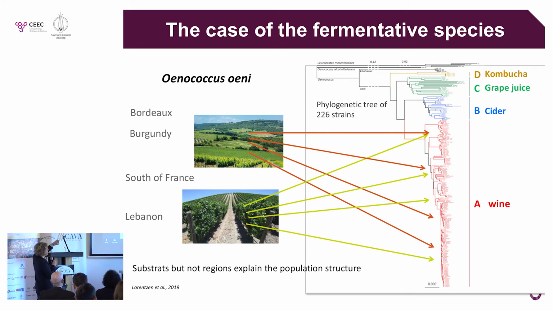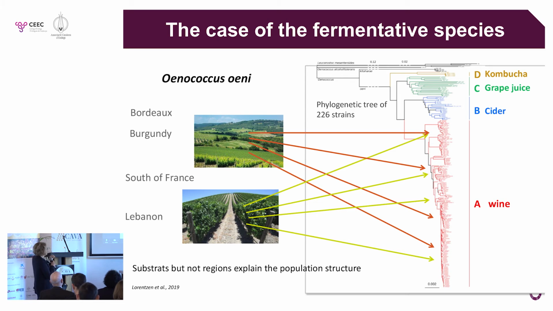This is a kind of representation that highlights the genetic relationships between the different strains. As you can see, in the same branch, in the red wine, gathering isolates from wine, we have a mix of isolates from Bordeaux, from Burgundy, from Lebanon.